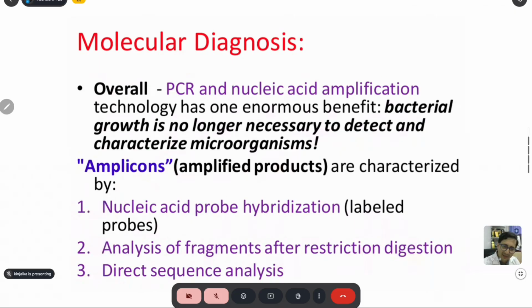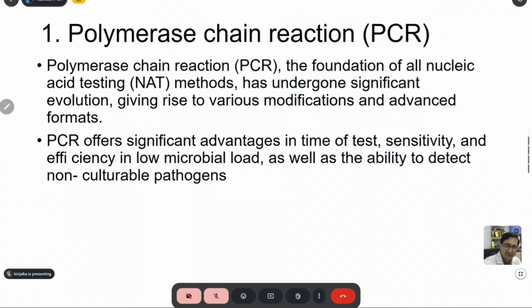You can have simple thermal cyclers, but you can also have higher end real-time reverse transcriptase PCRs, which are also able to quantify and even multiplex to a certain extent, where maybe 5 or 6 different primers can be used, and different regions of the DNA are checked and amplified, right?